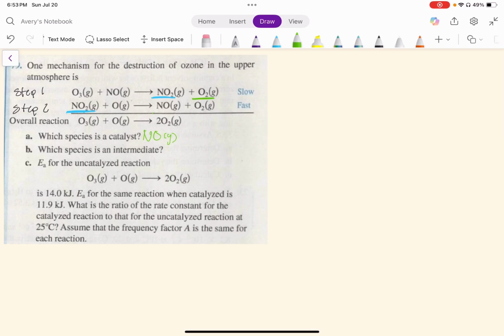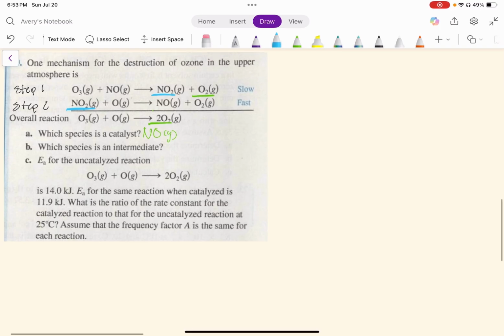We need to look at our overall reaction. O2 is one of the products in the overall reaction, so it can't be an intermediate because it exists in the final form. NO2, though, does not exist in the overall reaction. So NO2 is our intermediate species.